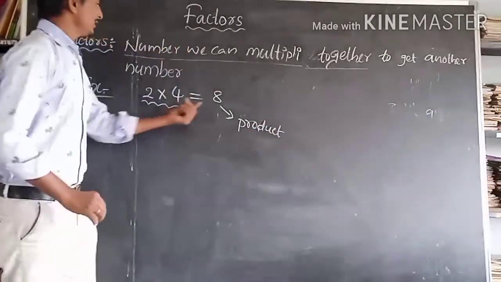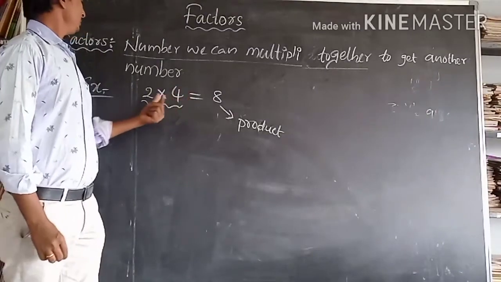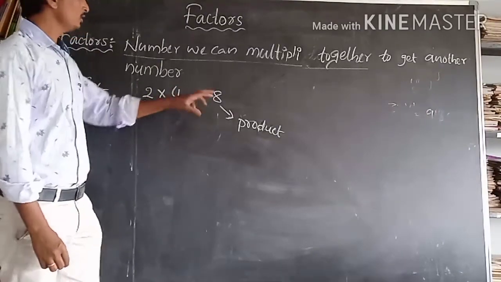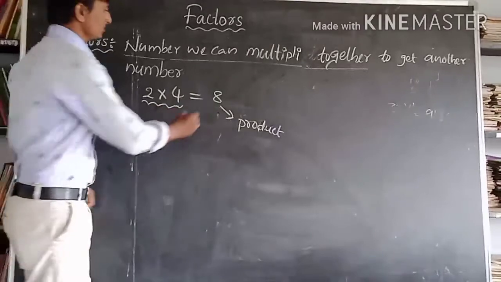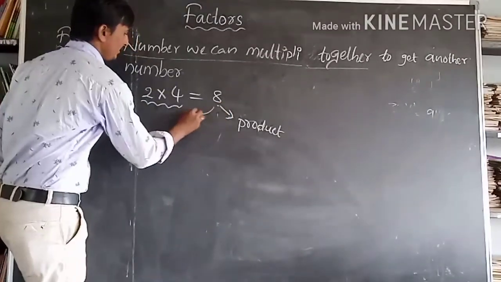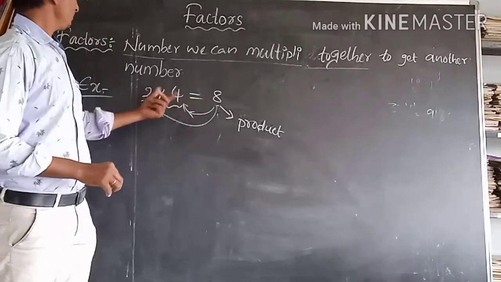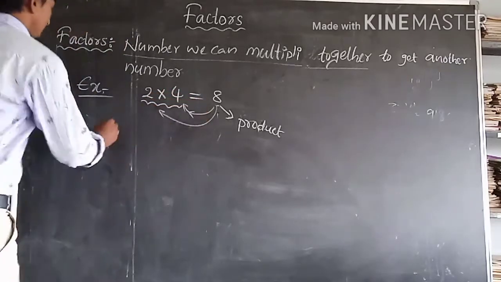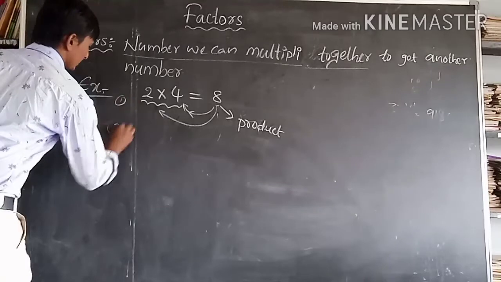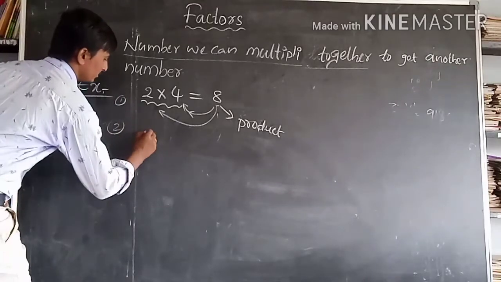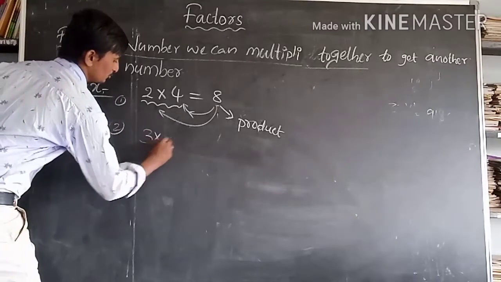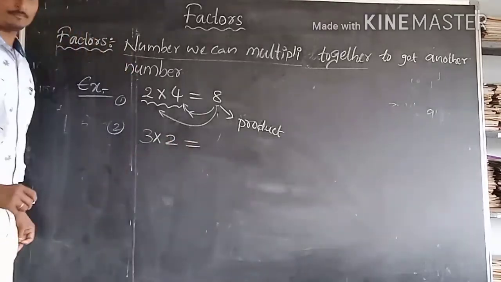So here, 2 and 4 are factors of 8. So the factors of 8 are 2 and 4. Let's take another example. We can take 3 multiplied by 2.